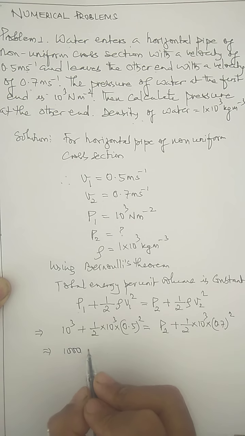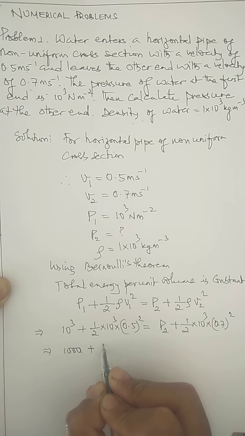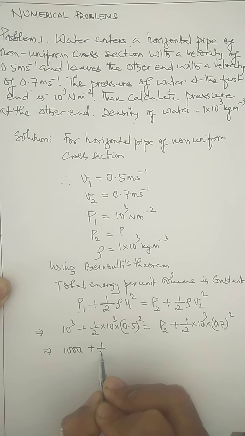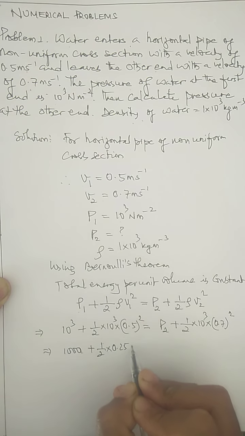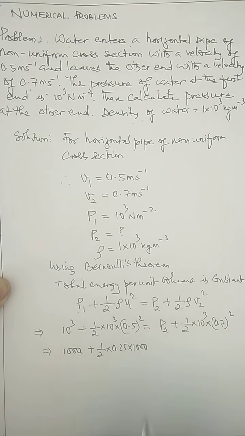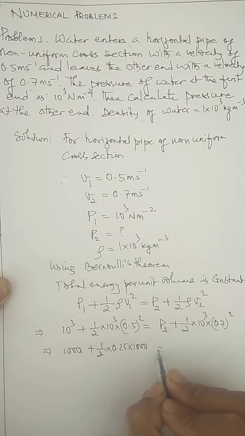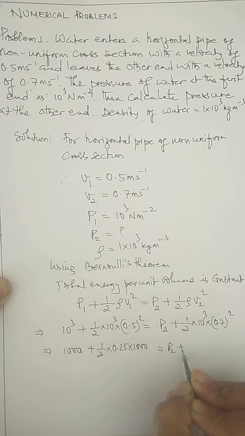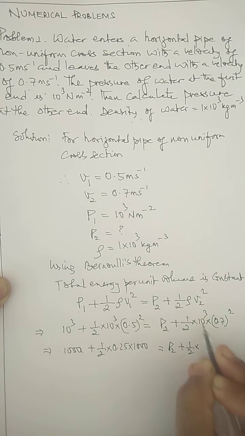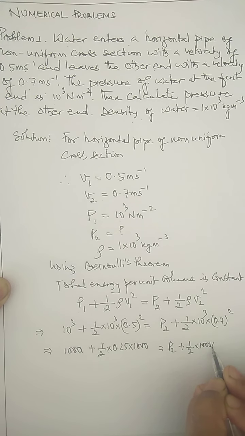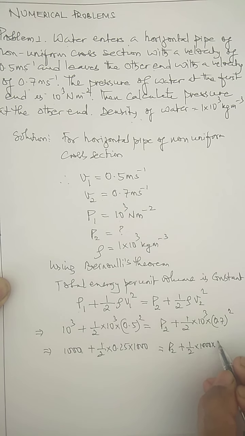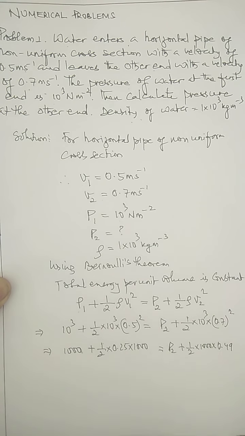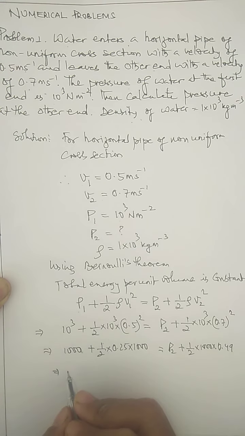I write directly 1000 plus 1 by 2 into 0.5 square, means 0.25 into 1000, equals P2 plus half into 1000 into now 0.7 square. Children, 7 square means 49, but 0.7 square means 0.49.